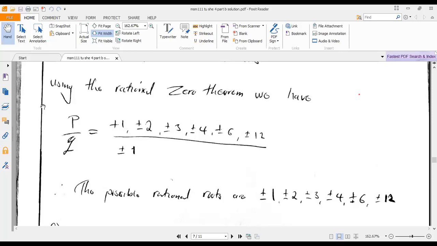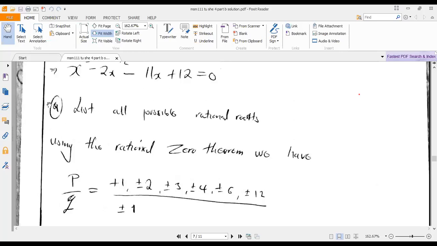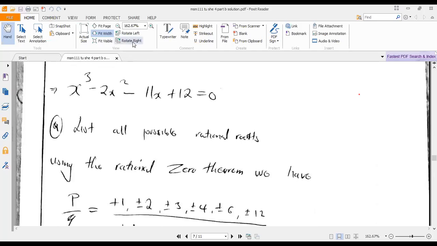Just a minute. Yes, sir. What if the coefficient of x to the power 3, the value of Q, for instance, is 10? How can you resolve the situation? If the coefficient is 10, sir, then your job is easy.